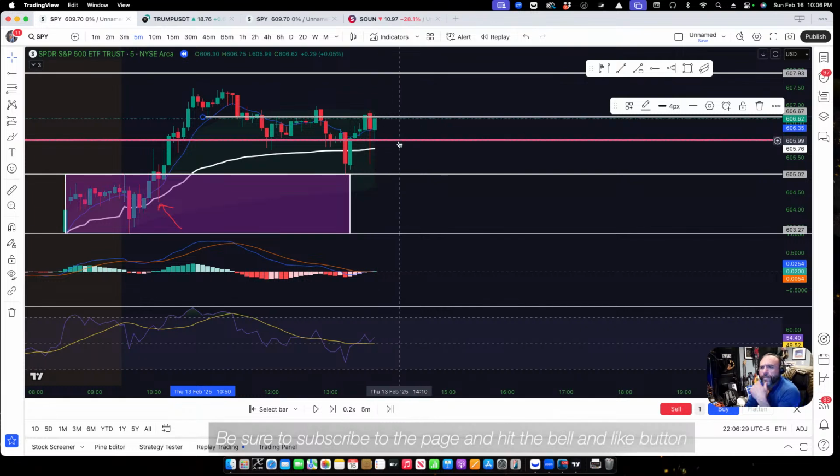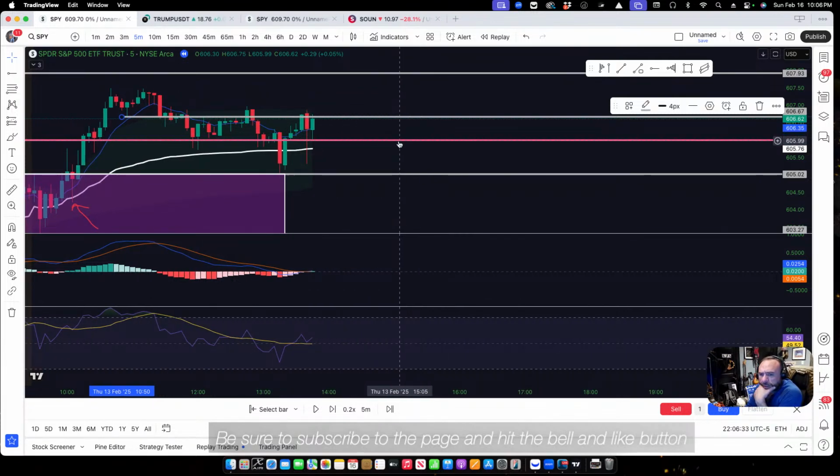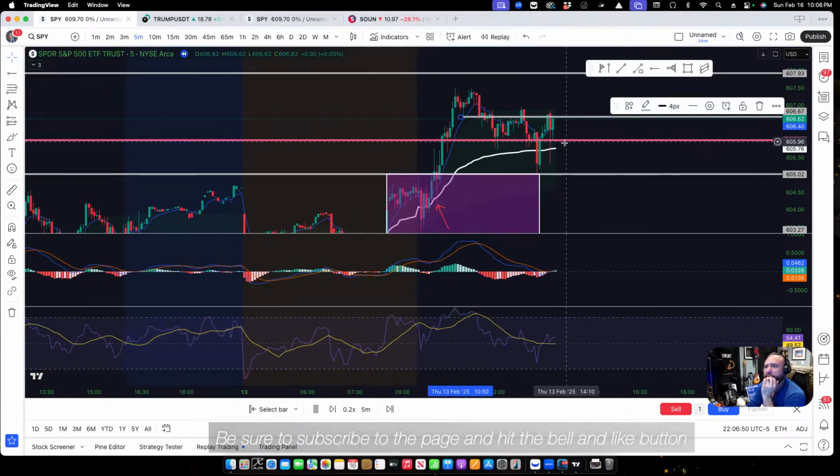So at this point, I would be neutral probably right here. It is bullish leaning. Let's see what happens next. I would probably want to start making new highs.